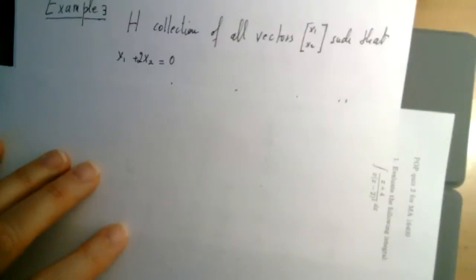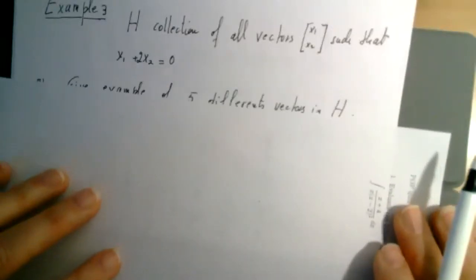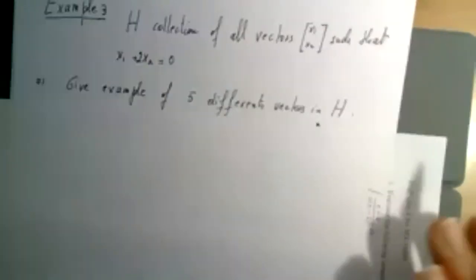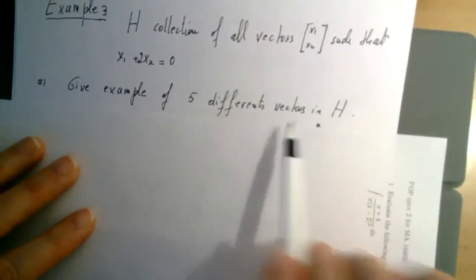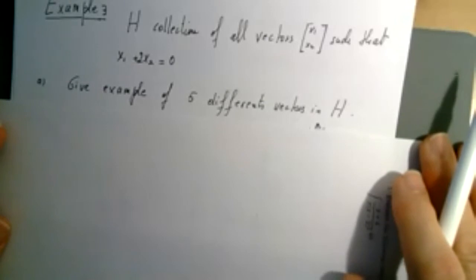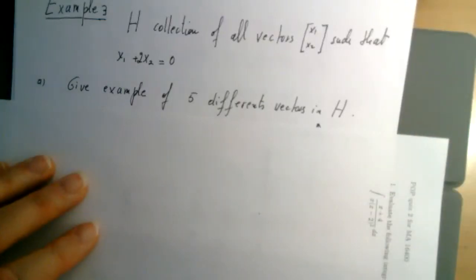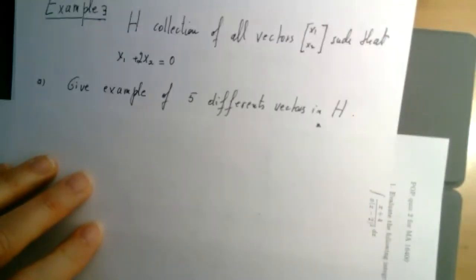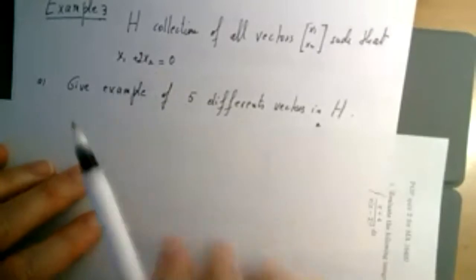And this is basically the equation of a line. It means that the point (x1, x2) is a point on this line. My first task is just to familiarize you, to push you a little bit. Give me examples of 5 different vectors in H. So, okay, you give me vectors in H. It means you have to give me a vector that satisfies this condition.